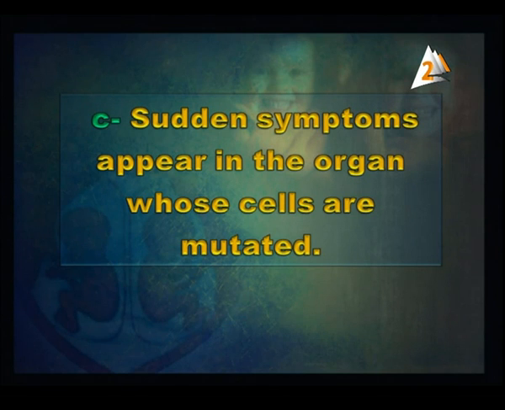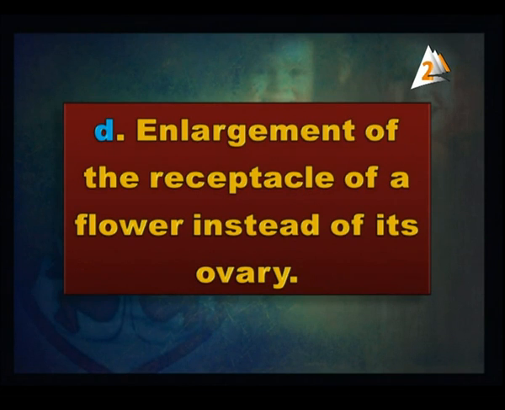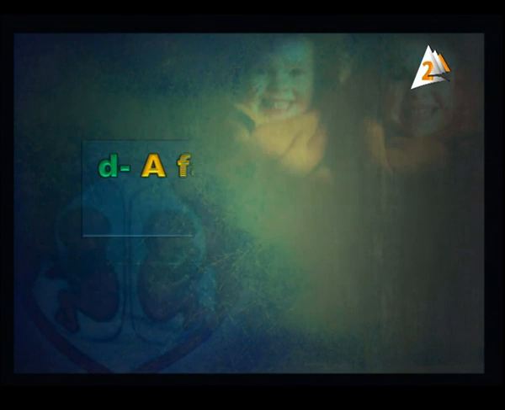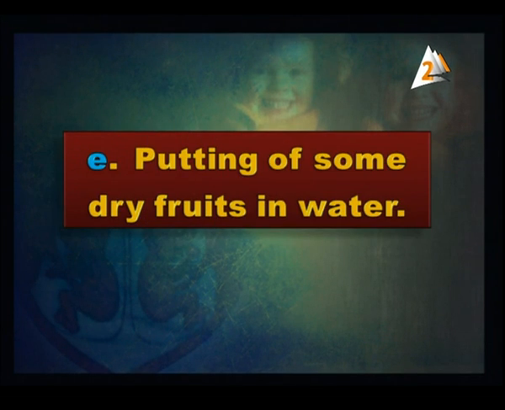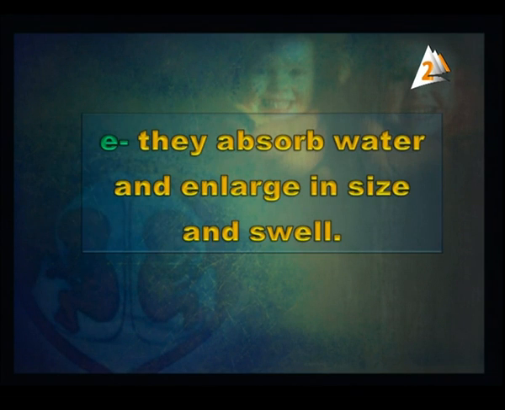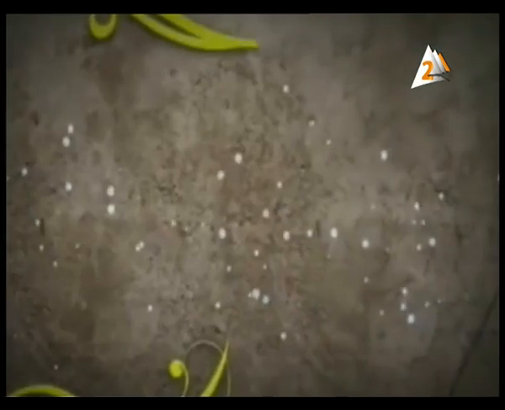Sudden symptoms appear in the organ whose cells are mutated. Enlargement of the receptacle of a flower instead of its ovary. Yes, a false fruit will form. Putting some dry fruits in water. Yes, they absorb water and enlarge in size and swell.